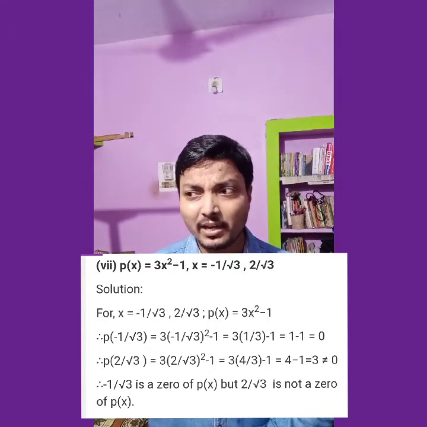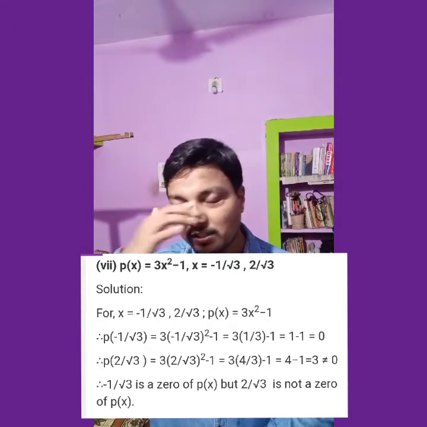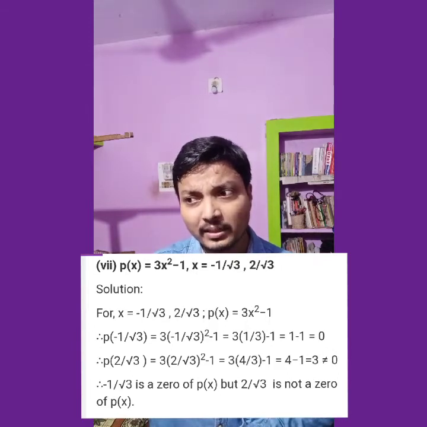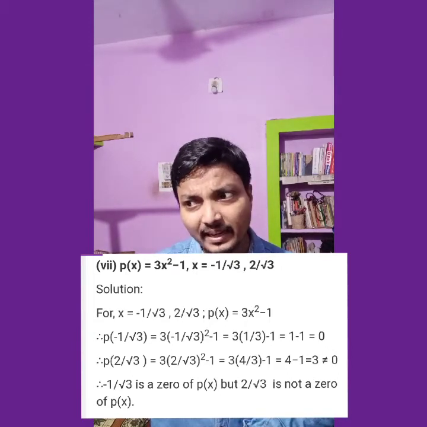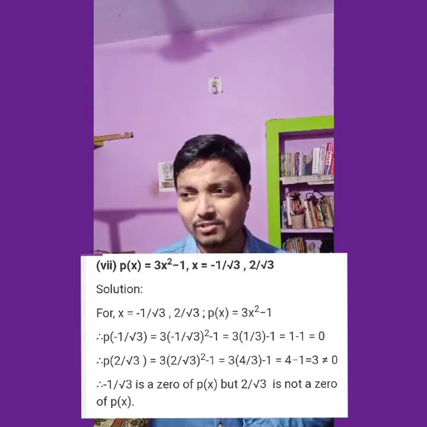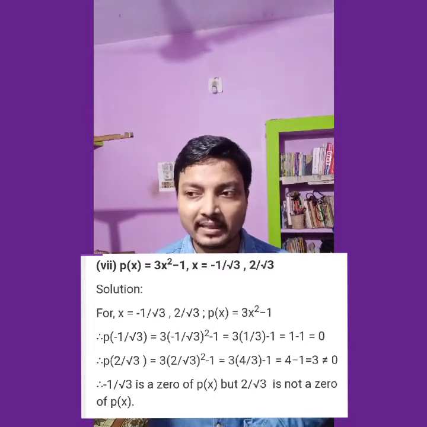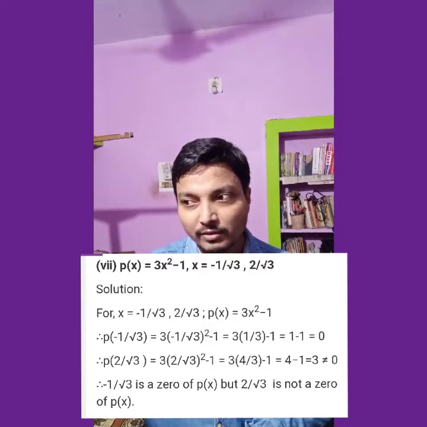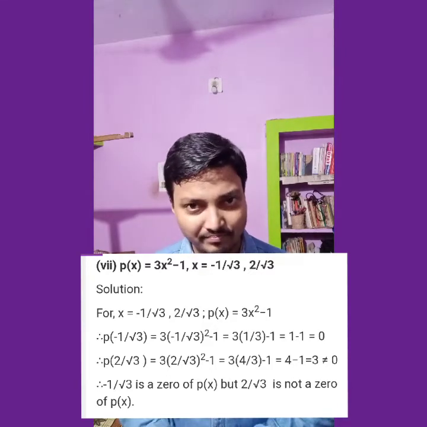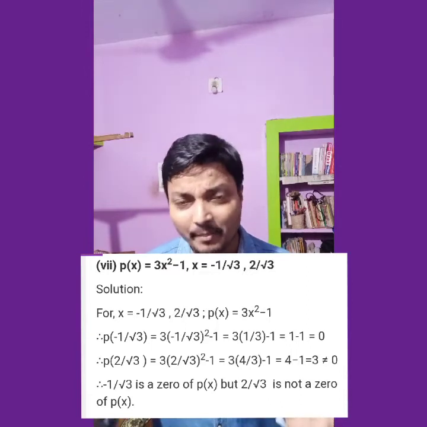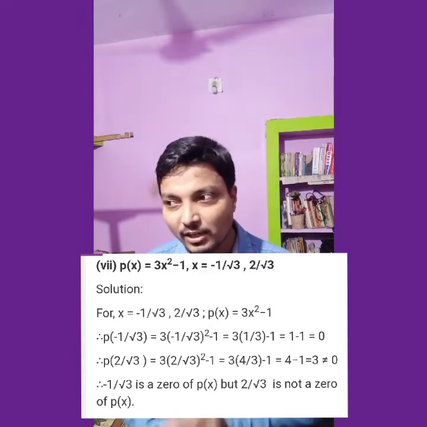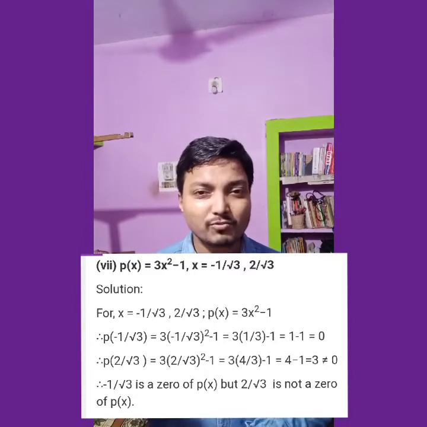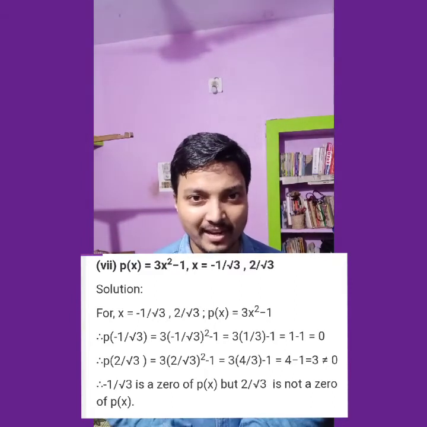In the next step it becomes 3 into minus 1 square, which is 1, and root 3 square, which is 3. So 3 into 1 by 3 minus 1. The 3 will be cancelled, so the value becomes 1 minus 1, which is 0. So minus 1 by root 3 is the 0 of the polynomial.